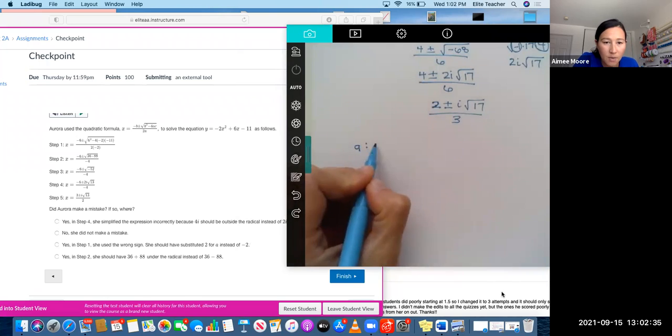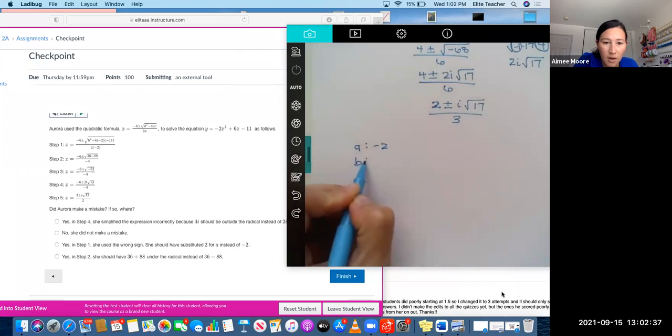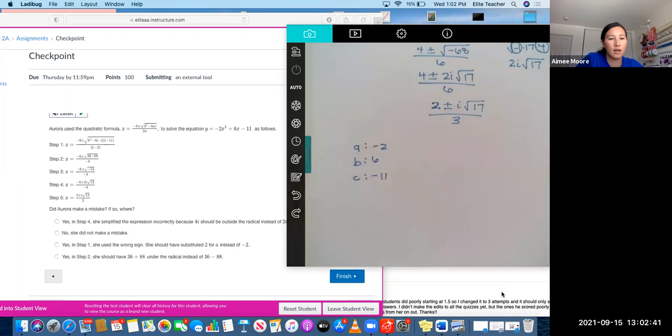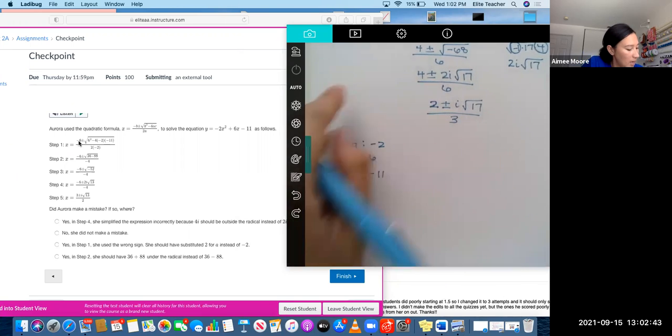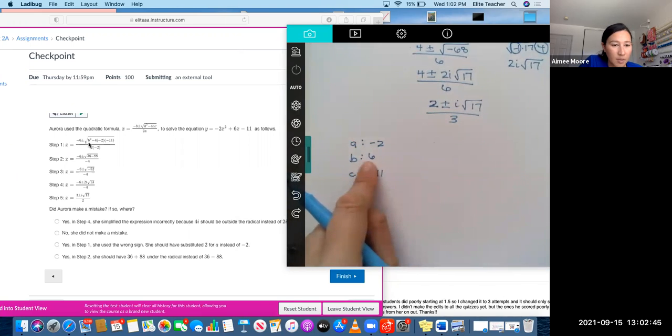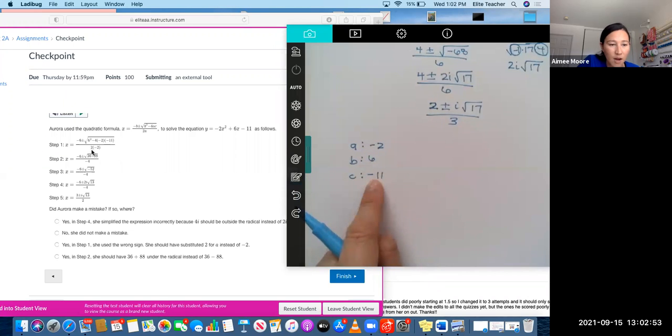So let's see, A would be negative 2, B would be 6, and C would be negative 11. So we have negative B plus or minus the square root of B squared minus 4 times A, which is negative 2, times C, which is negative 11, divided by 2A. So she set it up correctly.